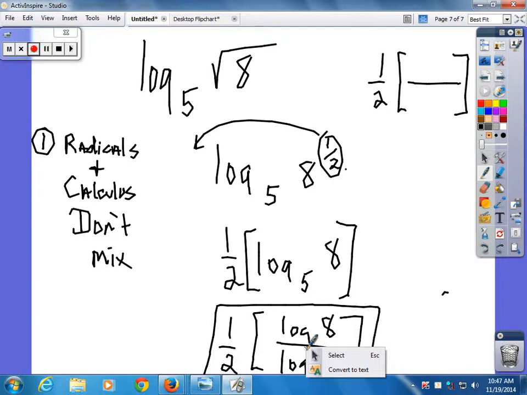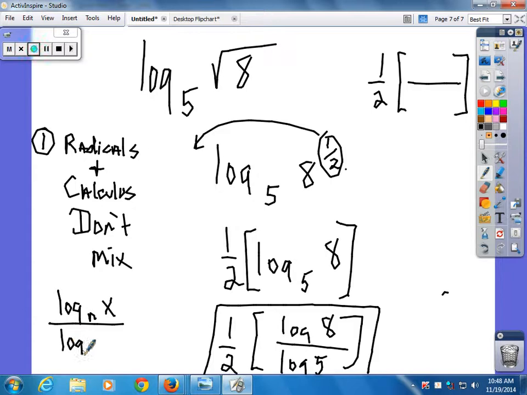Oh, change-of-base formula. The change-of-base formula says if you have log base n of a number x, and this base is not 10 or e, if n is not equal to 10 or e, in other words, if it's 2, if it's 5, if it's 1/2, if it's 3, then you have to use the change-of-base formula.